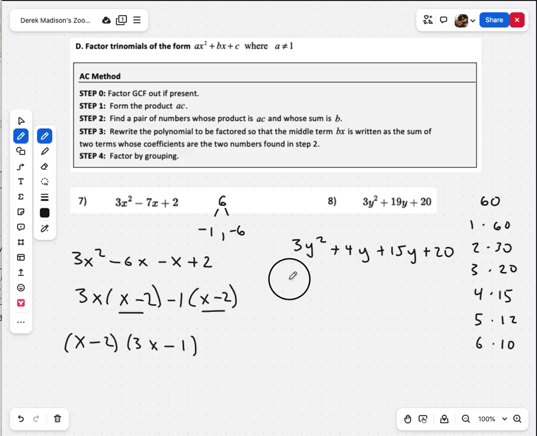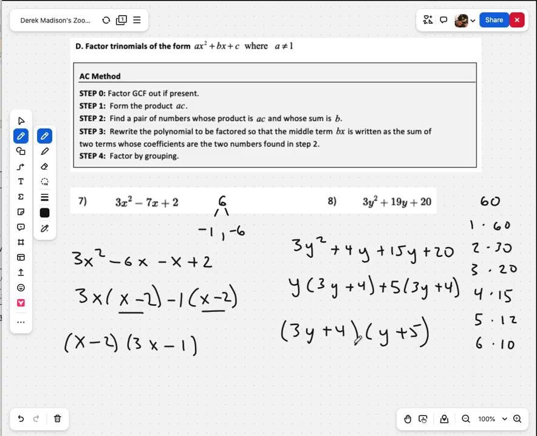Let's see, out of those two I could factor a y, and that would be 3y plus 4. And from these two I can factor out a 5, leaving me another 3y plus 4. And then this will be 3y plus 4 and y plus 5.